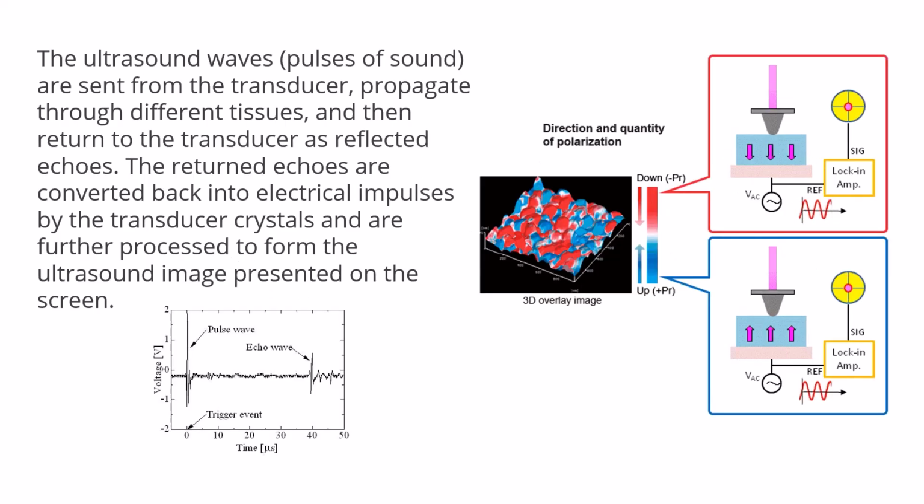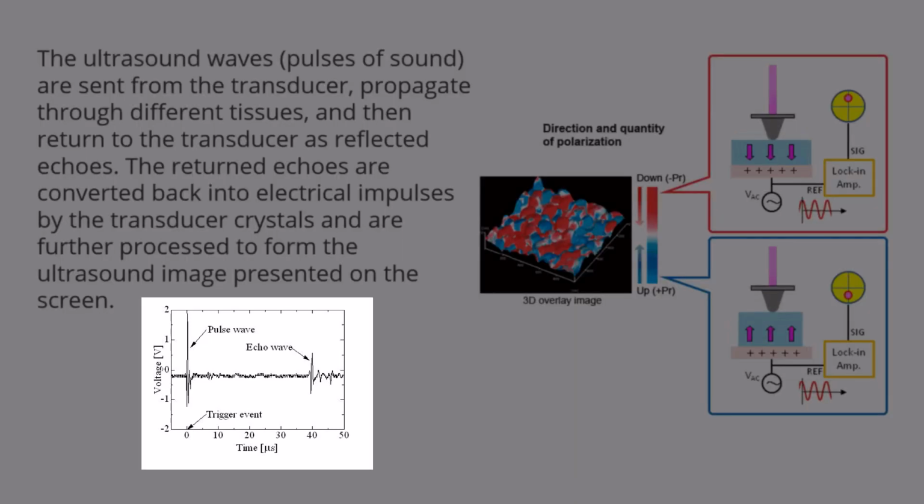Let's begin by looking at the representation of the echo. We have the trigger event, and we can see the pulsed wave. Then we can see the echo as it goes through the tissue and changes in intensity.